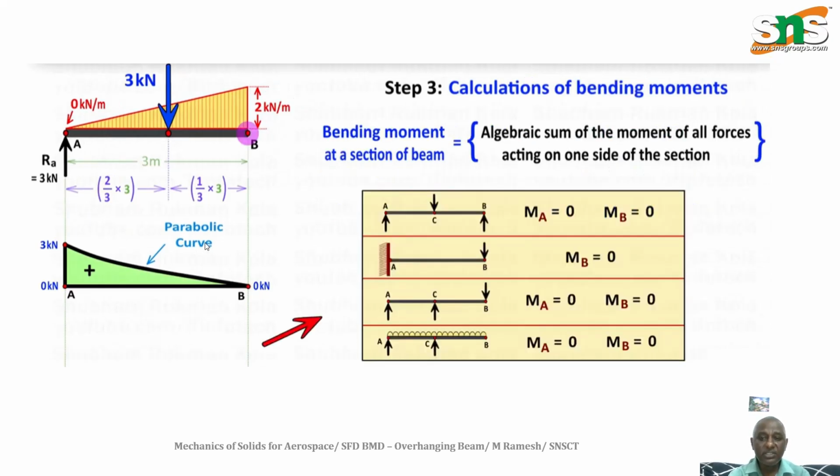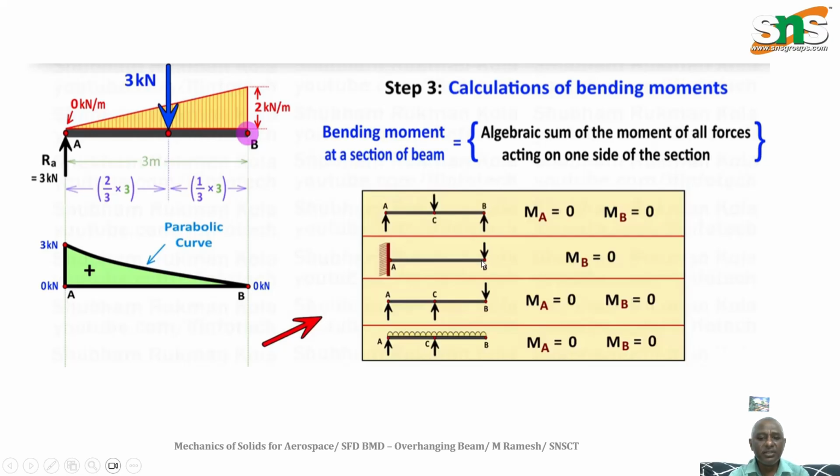Next we will move on to the bending moment. See here, a number of beams are given: a simply supported beam as well as a cantilever beam. Uniformly there is an overhang beam. This is also an overhang beam with UDL. Whenever it is there, for the end conditions at A and B, if you consider, MA as well as MB both are equal to 0.